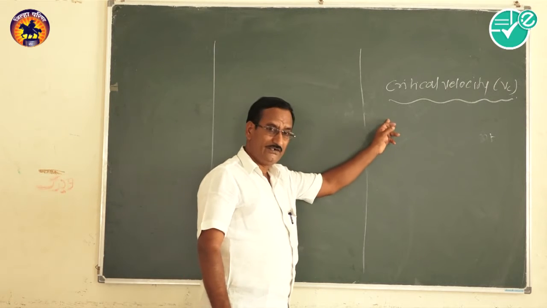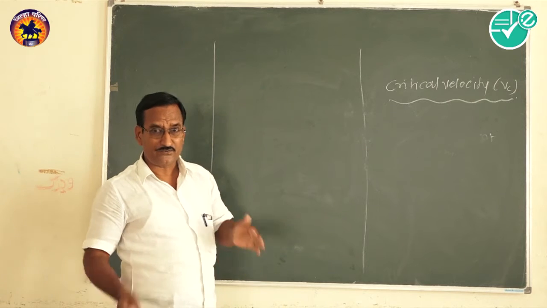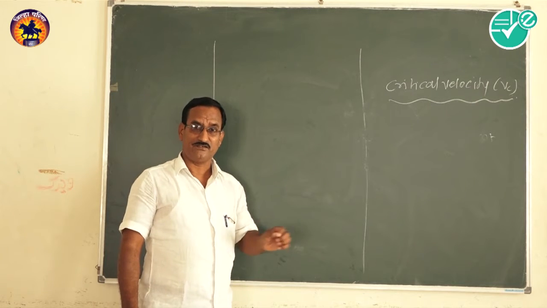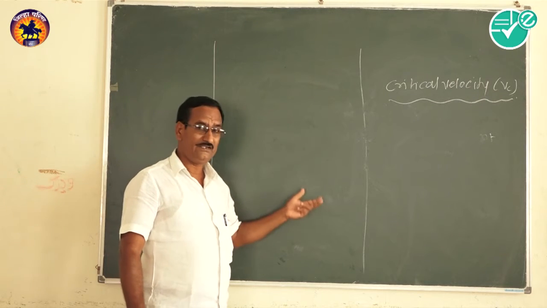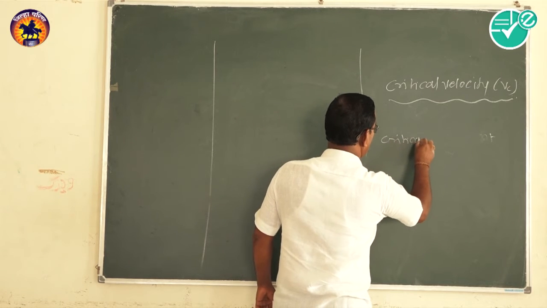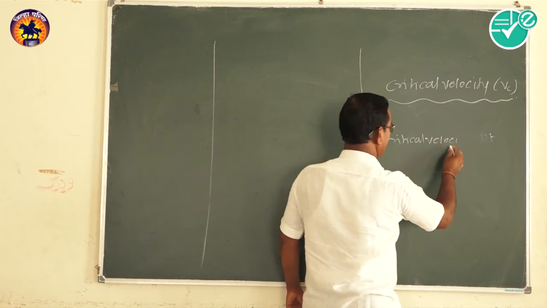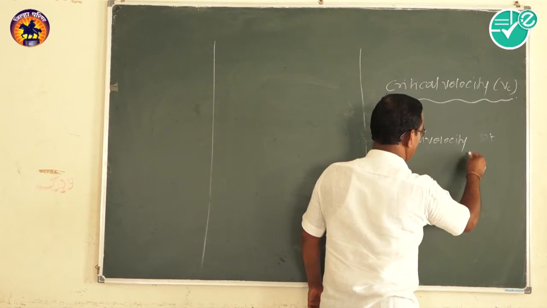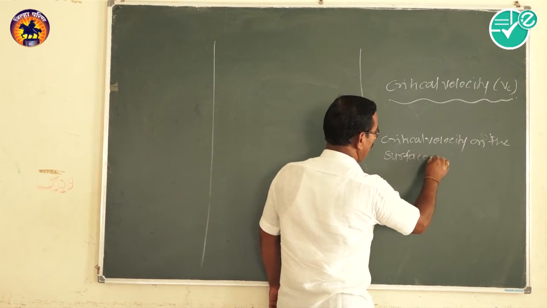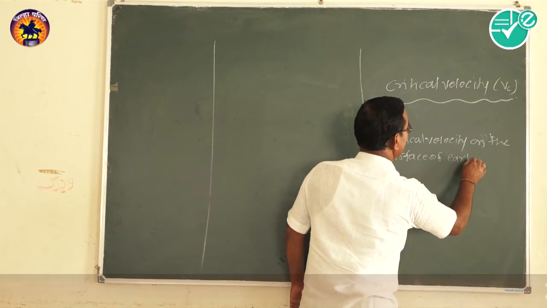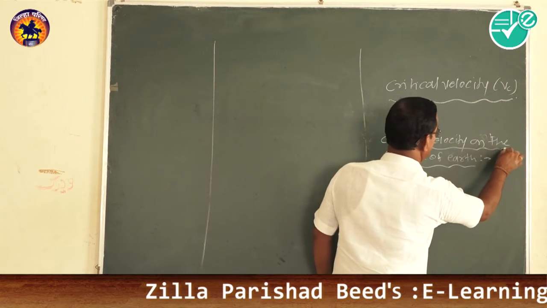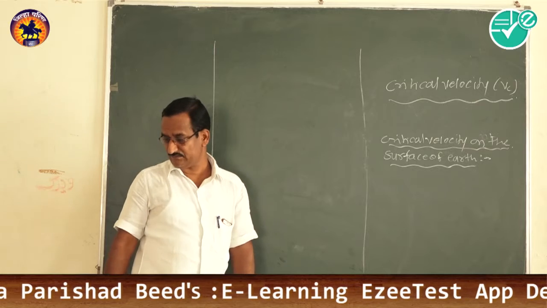Then we have to determine the critical velocity at various points, such as the critical velocity of a satellite very close to the surface of Earth.